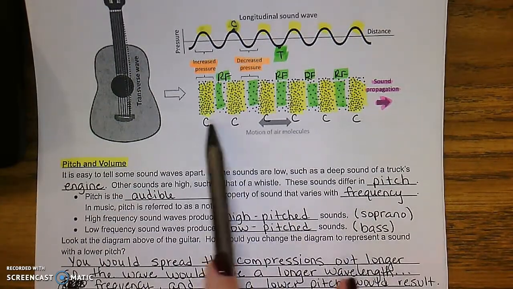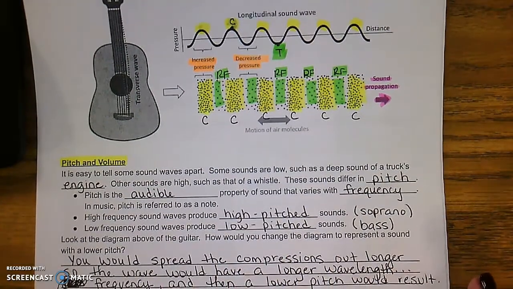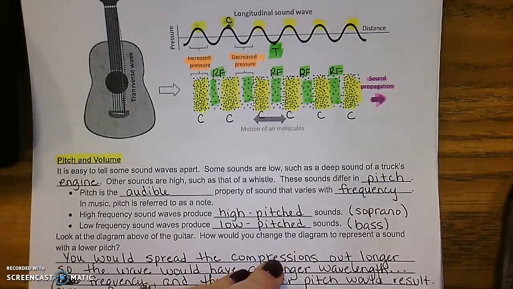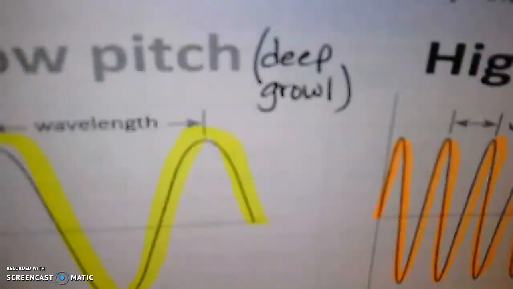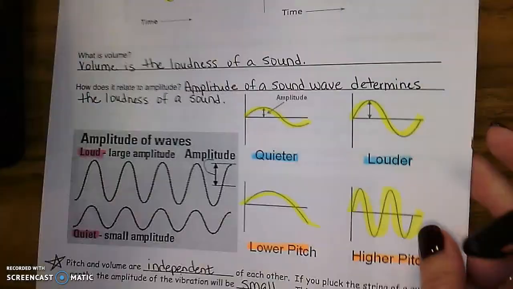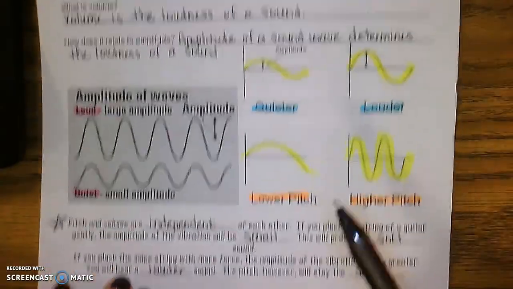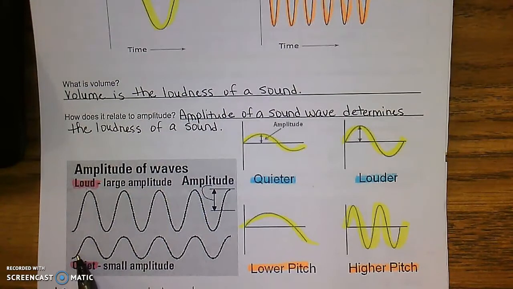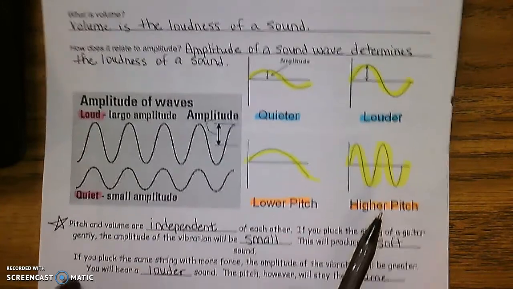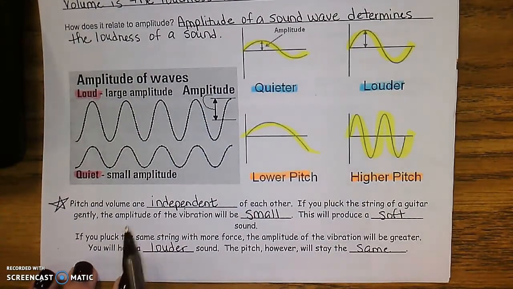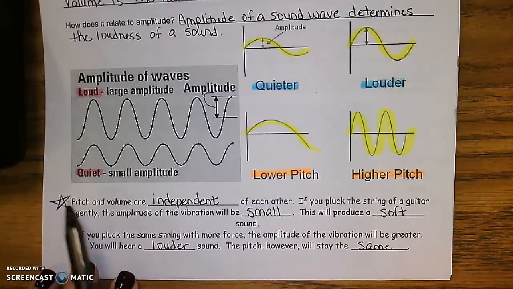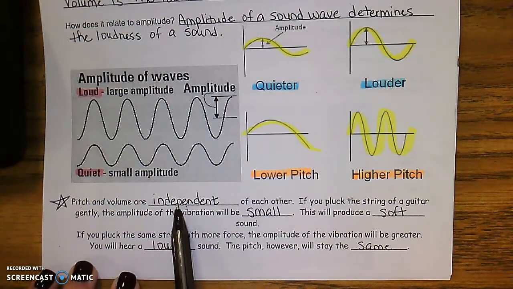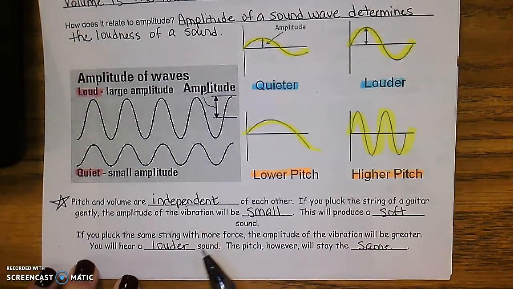We talked about compressions and rarefactions, and we also talked about how volume is really just the amplitude of a wave, and a high amplitude is going to give us a loud volume, whereas a low amplitude is going to give us a quiet or soft volume. And we ended those notes by putting a star right here and saying that pitch and volume are independent of one another, meaning they're not related.